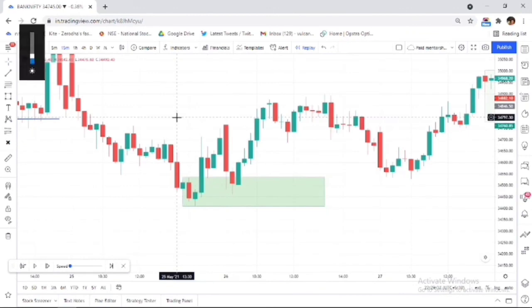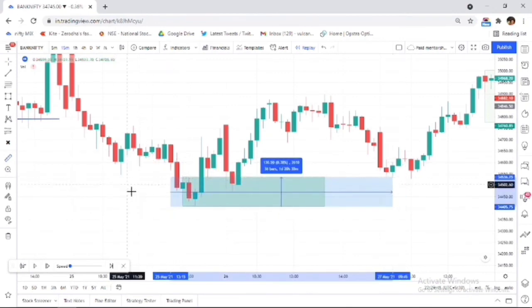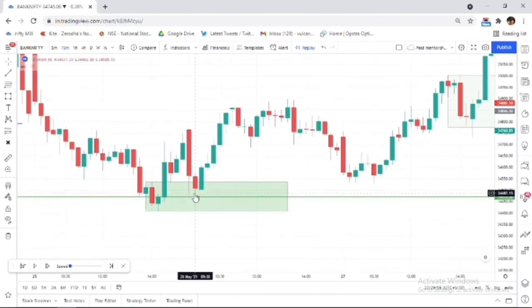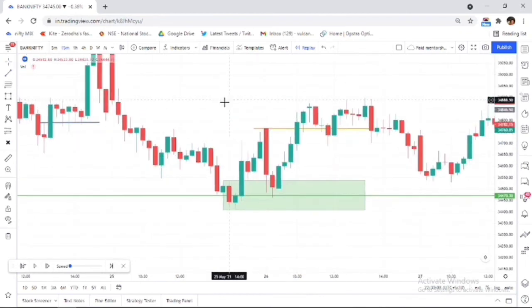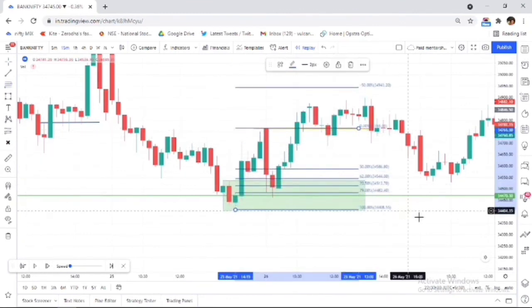This is my bullish order block, and I will divide this by 2. That will be my threshold line, and I will wait for the market to come to my threshold line, and I will book my profit just above the recent high.